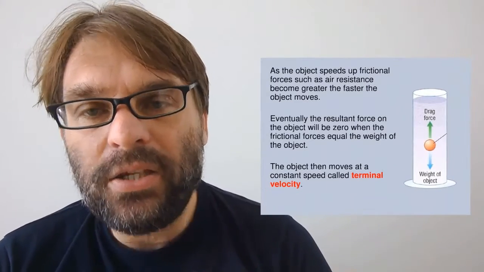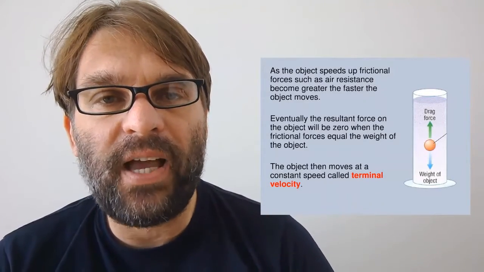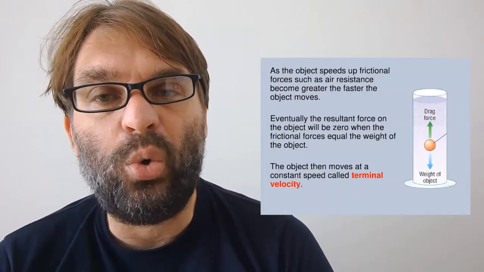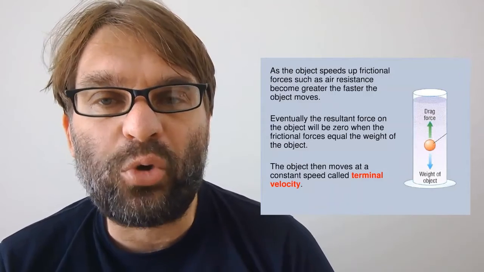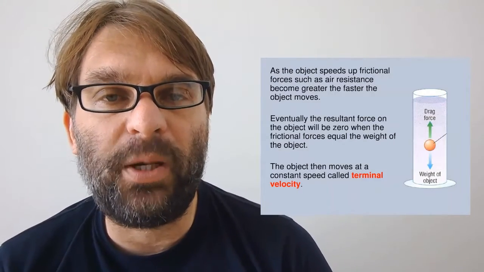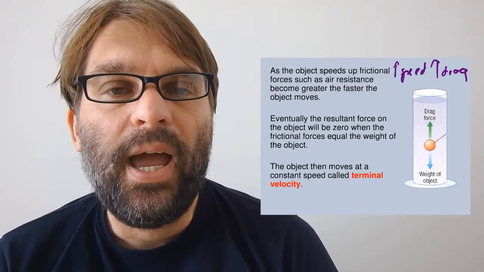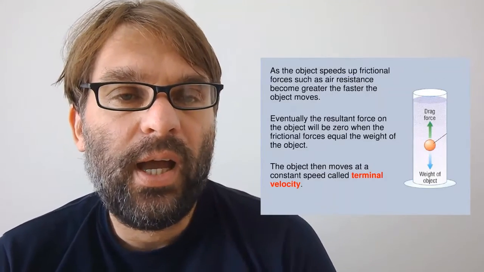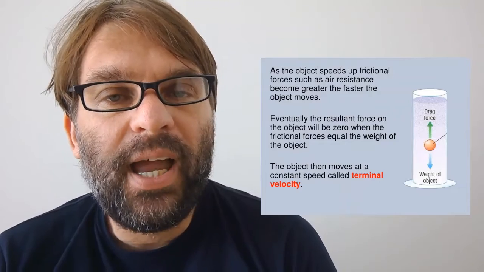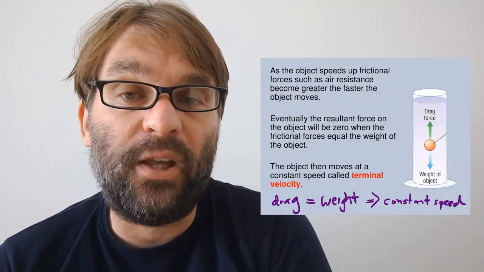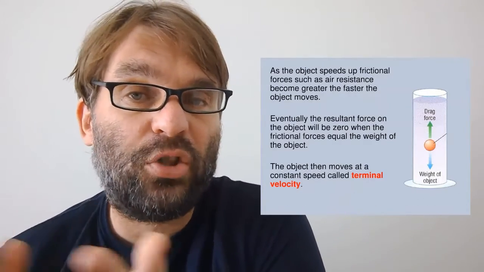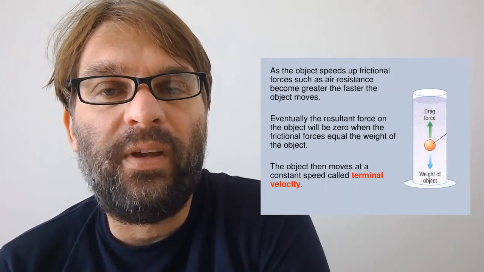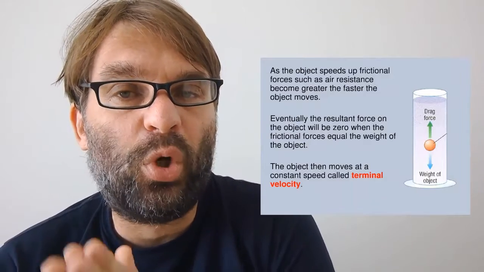However, as the ball begins to get faster and faster, things like air resistance in terms of air, or drag if it's in water, become greater and greater as the object begins to accelerate, move faster. Eventually, the drag force, or the air resistance force, will equal the weight of the object, and because of this, and force equals mass times acceleration, the object's no longer accelerating, it's now going to be moving at a constant velocity, or constant speed.